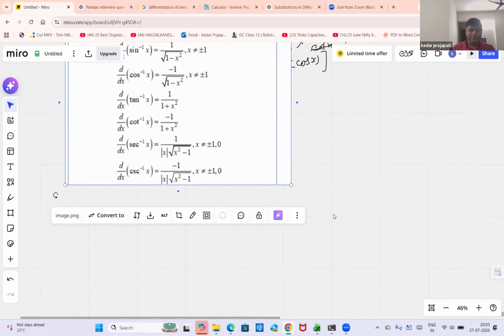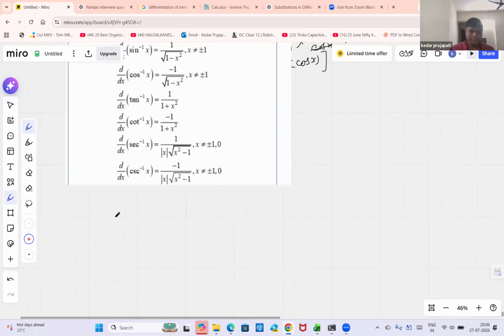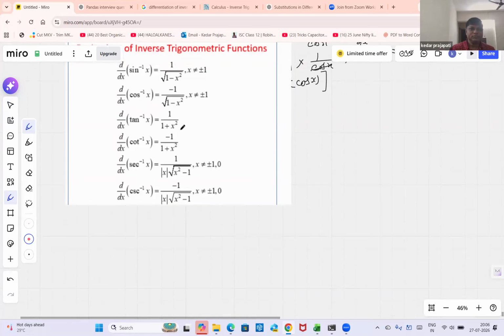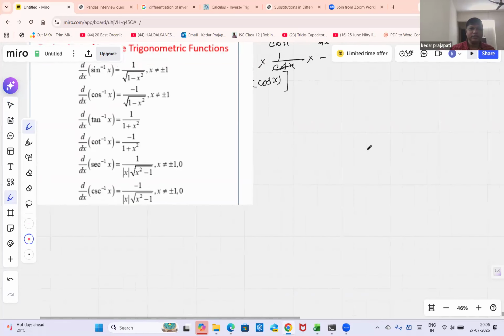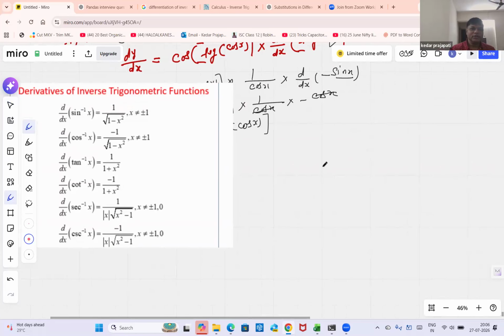How to remember first? Trick. So see here, things are here. How will you remember these things? It's like sine inverse x.